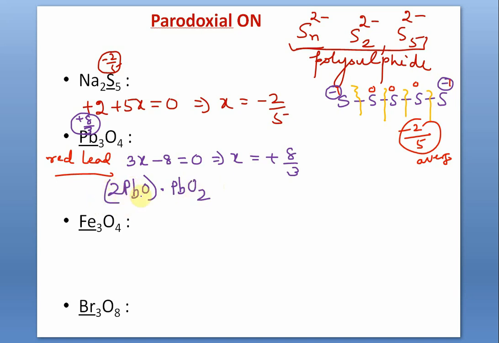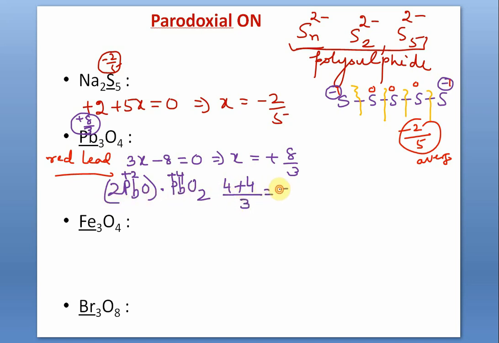Now, in PbO, the oxidation number of lead is +2 because it is a monoatomic ion. And in PbO2 it is +4. This is lead 4. So if you add all and take the average, for 2 lead 2, 2 twos are 4, plus 1 lead 4, plus 4, and how many atoms are sharing? 2 plus 1, 3.